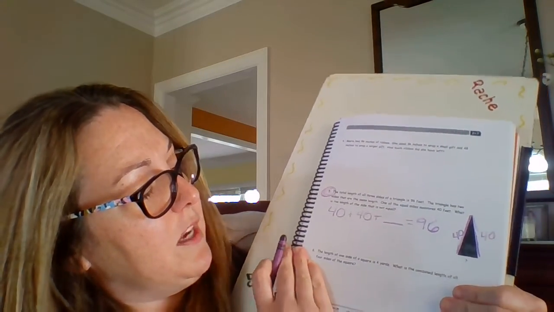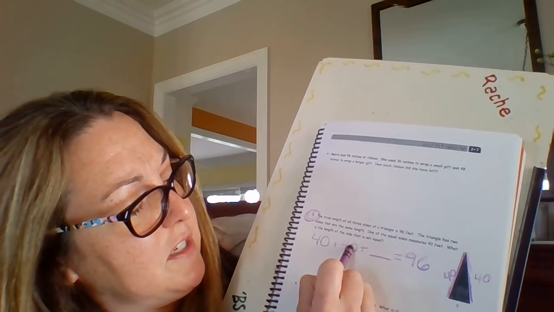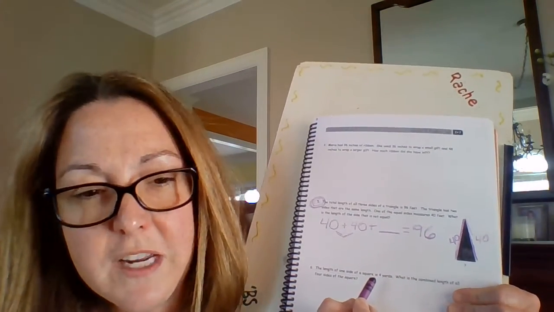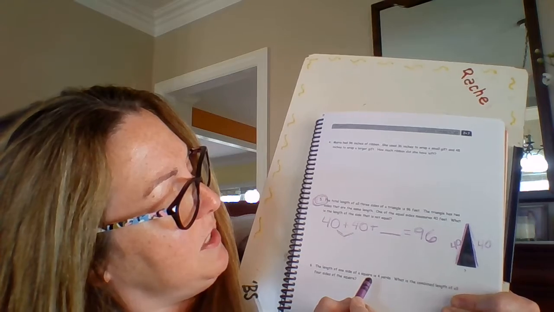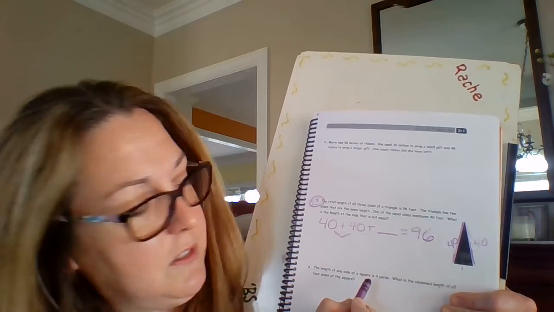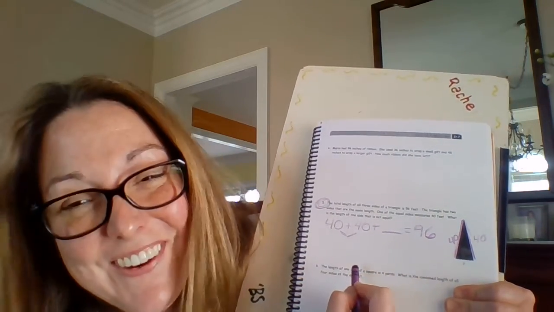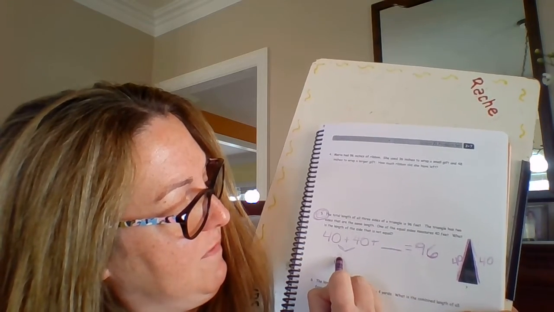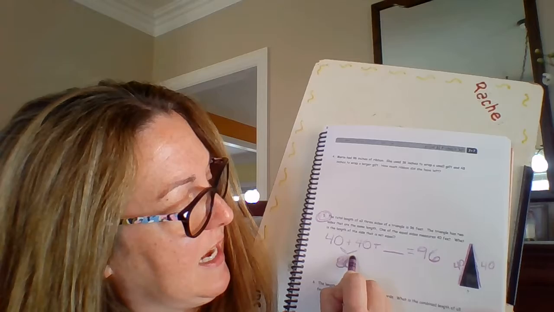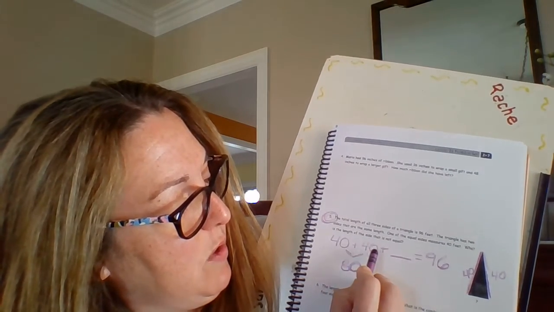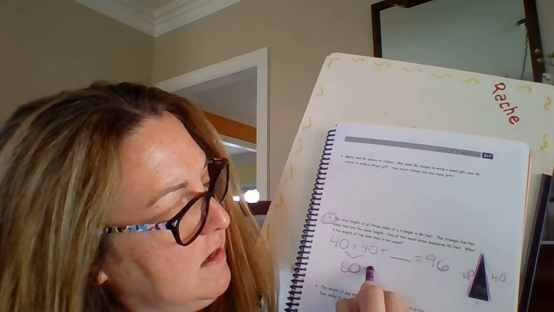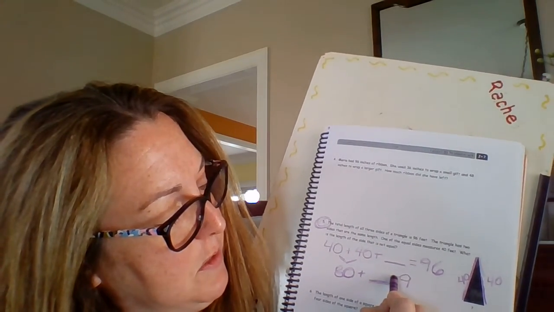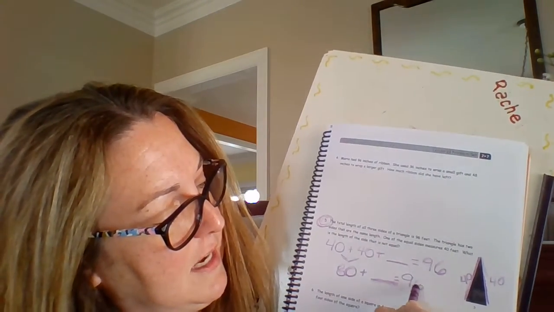So what if we combine these two numbers here? 40 plus 40 equals 80. It sure does. 40 plus 40 equals 80. And now we want to think, 80 plus what number equals 96.